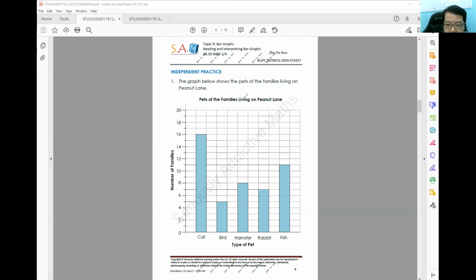So the graph below shows the pets of the families living on Peanut Lane, right? It's quite an interesting address. Okay, so you have cats, birds, hamster, rabbit, and fish. As I mentioned just now, the first thing you would do is to write the numbers down on the bar, so that it's easier for you to see.